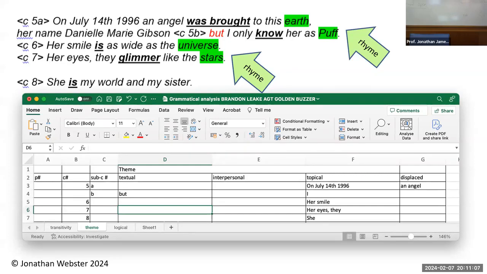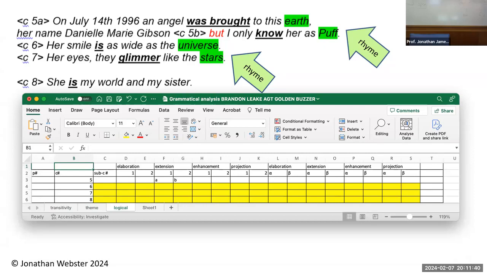Theme. On July 14th, 1996. That is putting the circumstance as theme. You'll notice that I've included another category here, and that is called displaced. Displaced theme. What does that mean? What is theme? Typically, the grammatical subject is in the first beginning slot, right?